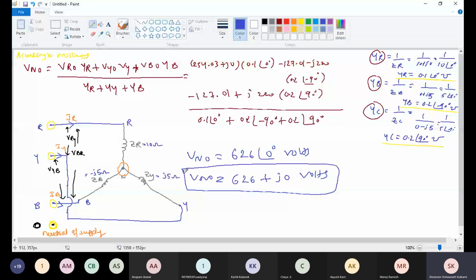The potential difference between neutral and star point. Now we need to calculate the voltage between neutral and phase, that is R to N, Y to N, B to N.